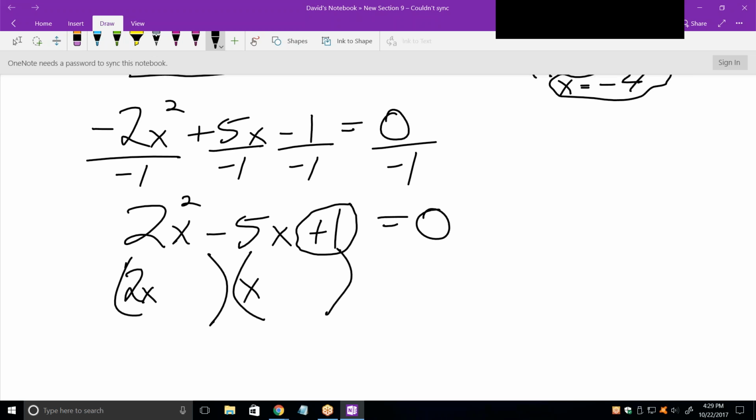Remember the last step of FOIL. The last step of FOIL is where you take that number and you multiply it by that number. Well, if they're both negative, you can produce a positive, and if they're both positive, you can produce a positive. But when I'm looking at a plus 1 up here, they have to both be the same.